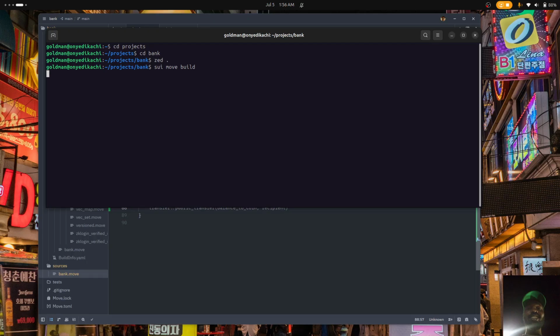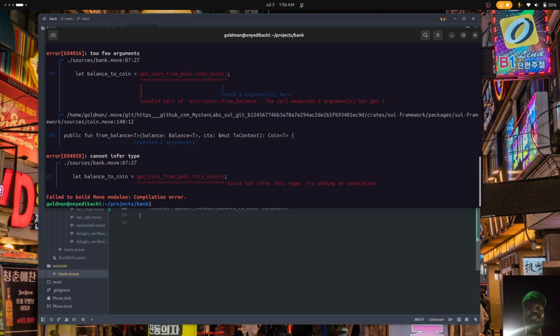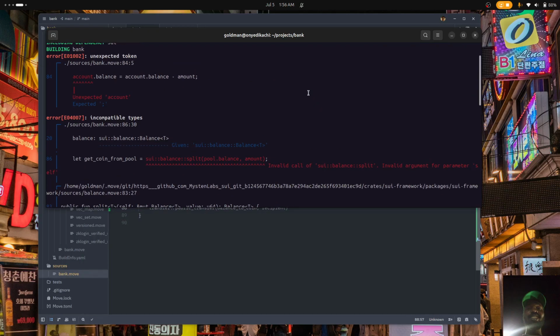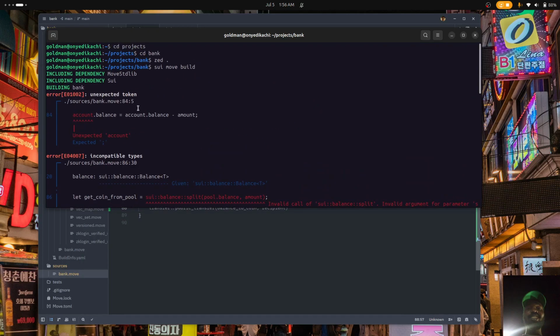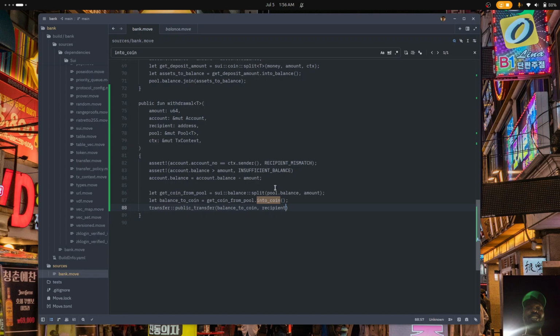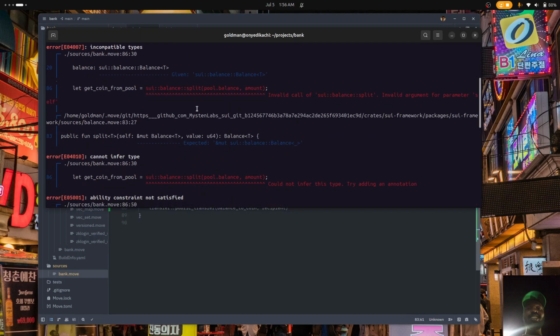There's an error that will be thrown out, so let's patiently wait. Yeah, so definitely there are some errors, at 87, 64, and 86. Now let's go split.